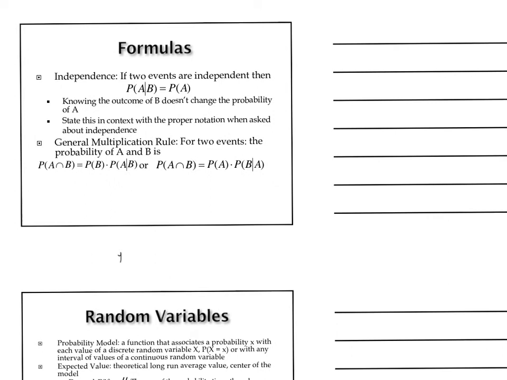What's the probability of a king and a king? So what's the probability of getting two kings in a row? The first king is 4 out of 52 times the probability of getting a king, given I've already gotten a king.